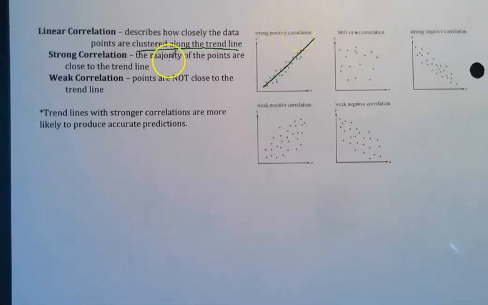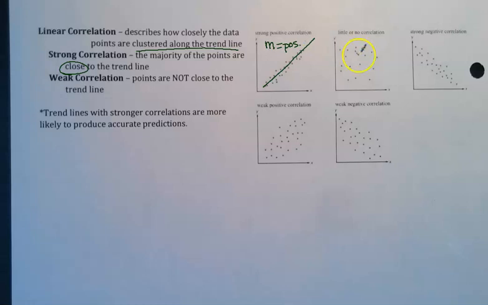A strong correlation is when the majority of the points are close to the trend line. And it's positive because we have a positive slope, so that's why it's a strong positive correlation.